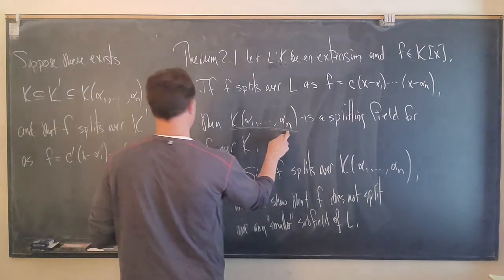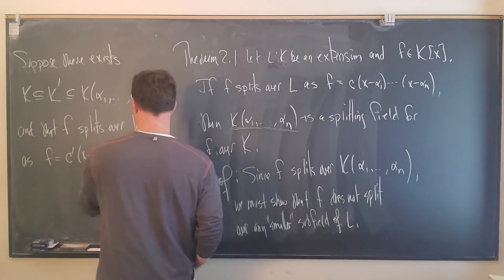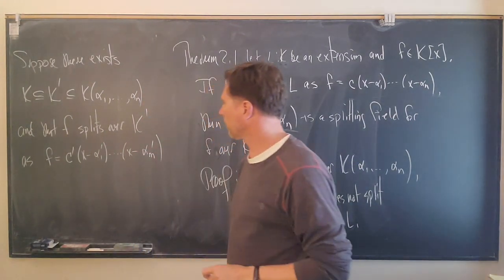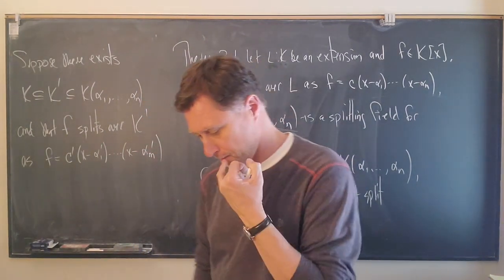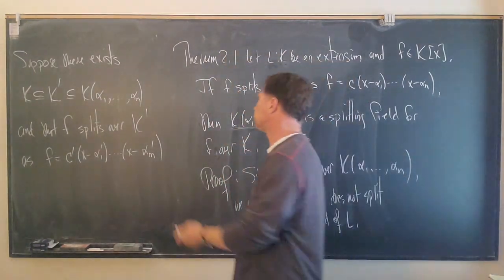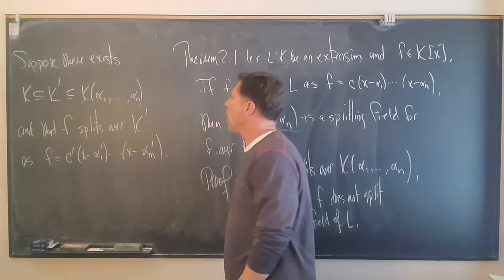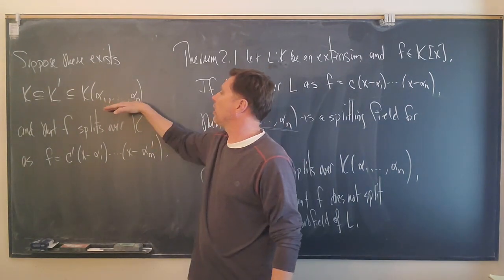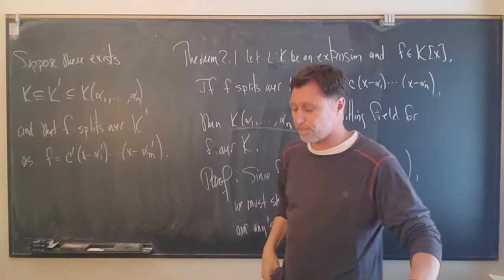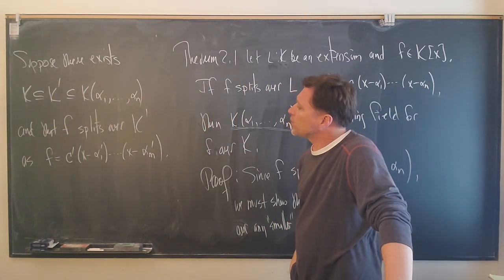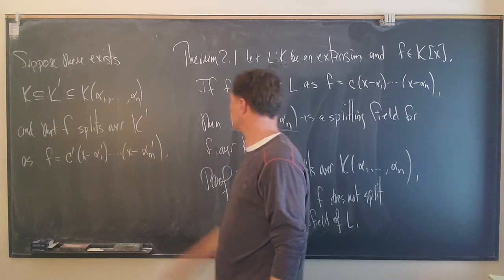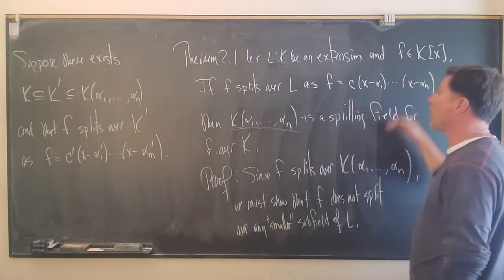I used an n here, so let's use something else, m. Now, we know that K adjoin all of this stuff lives inside L, which means that K prime is a subfield of L, which means that this factorization is happening in L bracket x. And so is this one.